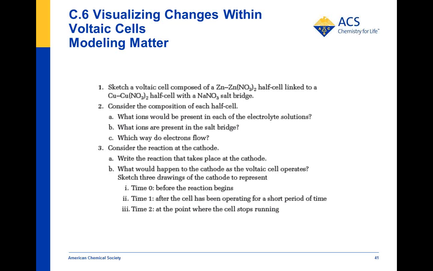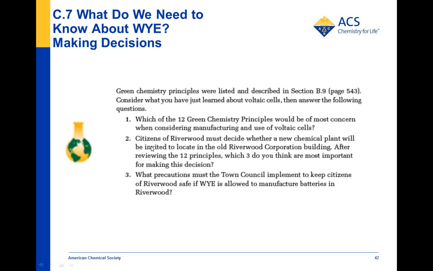But I think that having them work through it, and this is a time where I partner them and try to get the abstract thinker and the students that can visualize particulate nature with students who are much more concrete and are having difficulties.